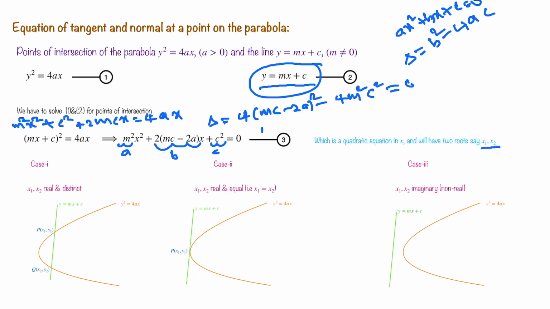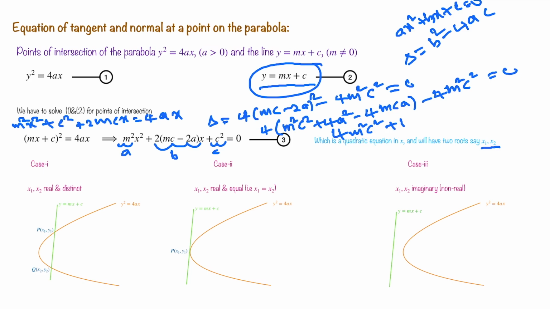Now let us see what this is. If I expand (mc minus 2a) whole squared, I will have m squared c squared plus 4a squared minus 4mca, and then minus 4m squared c squared equals 0. Multiplying by 4, we get 4m squared c squared plus 16a squared minus 16mca minus 4m squared c squared equals 0.